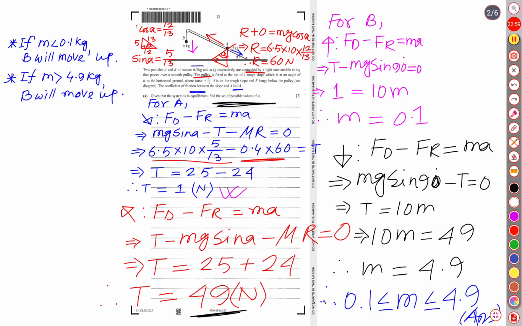If the mass of particle B is more than 4.9 kg, then B will move down. Sorry, here I should write down, not up. It will move down when the mass is more than 4.9 kg.